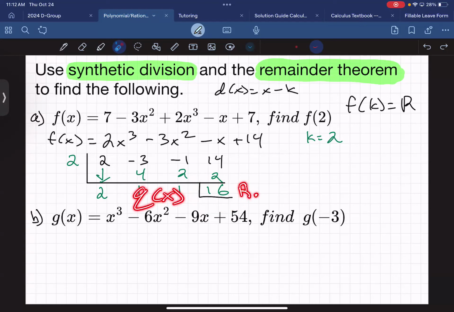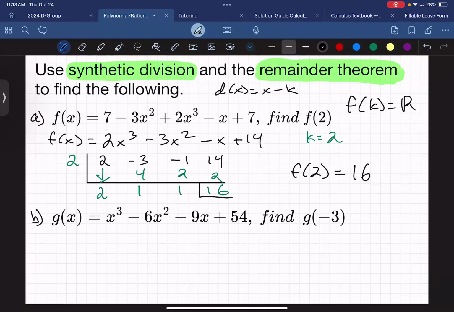That's the main thing we need to start with, is knowing where to find the stuff. So if I ever asked you to, you could give me the quotient, but did I ask for the quotient here? No, I asked you to identify the remainder. But the way we want to write this is that f of 2 equals what? 16. That is a solution of this function. You don't believe me?